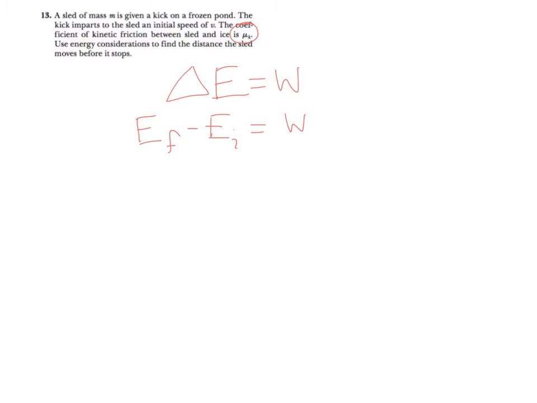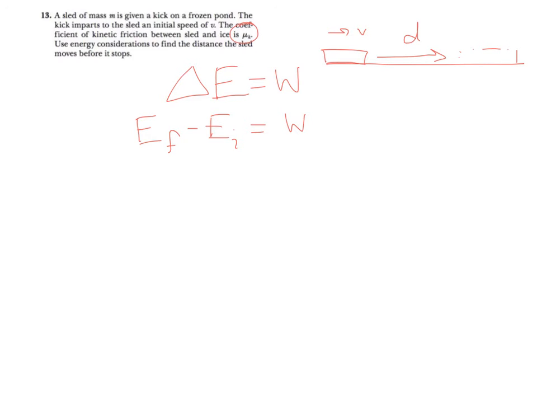The final energy, well, let's draw a picture here. Here's the ice. Let's say here's our sled, and it goes a distance d and comes to rest over here somewhere. At this initial position, it was moving that way. In its final position, it's not moving, so it doesn't have kinetic energy.